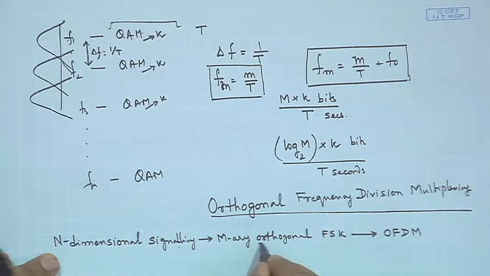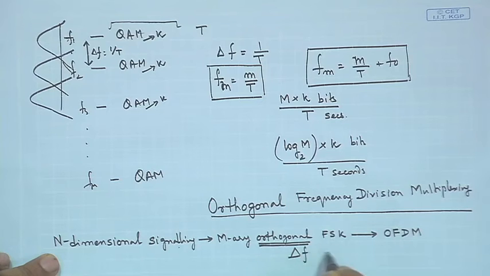And what is common in all of this is orthogonality by virtue of delta f being equal to 1 upon T for QAM signals and 1 upon 2T for PAM like signals.